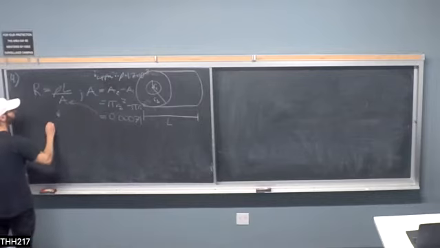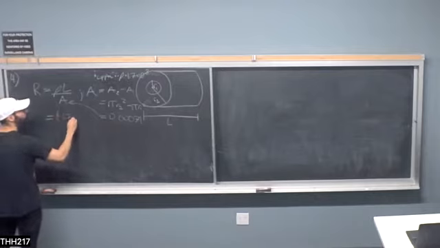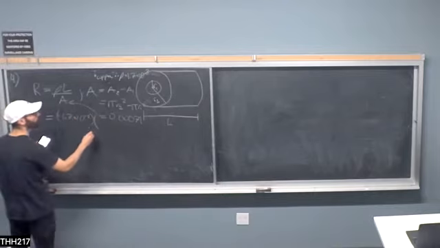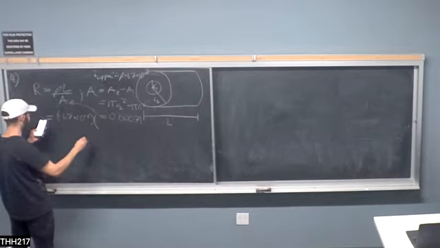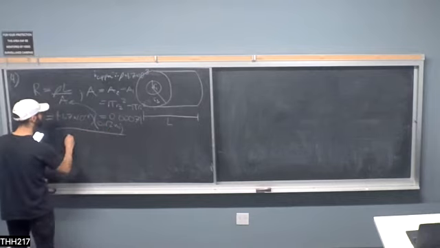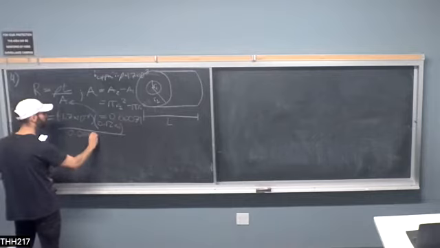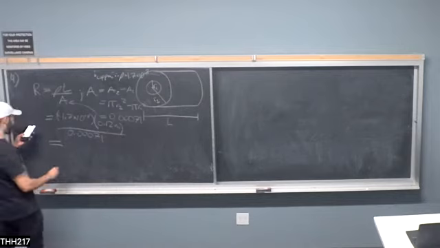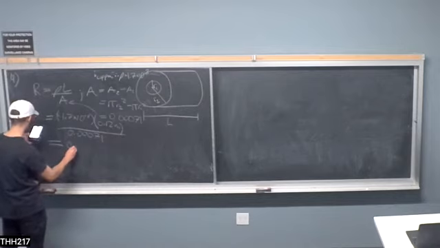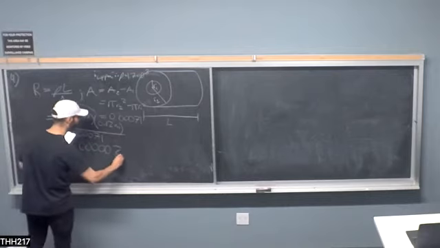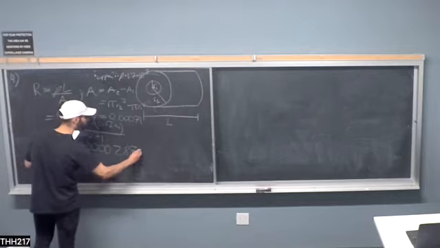So this whole thing is equal to that 1.7 times 10 to the minus 8, again that would be given, times the length, also given, what was it? 12 centimeters, so 0.12 meters, and divided by 0.00071, that area we just found, and that resistance value comes out as 0.5027 ohms.